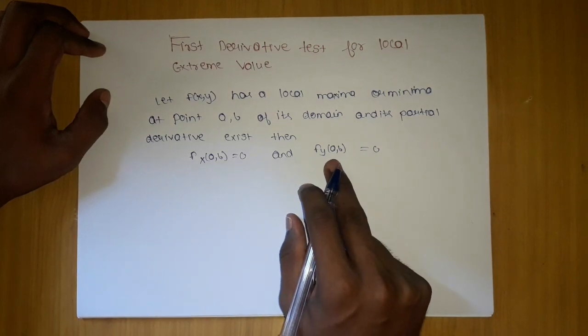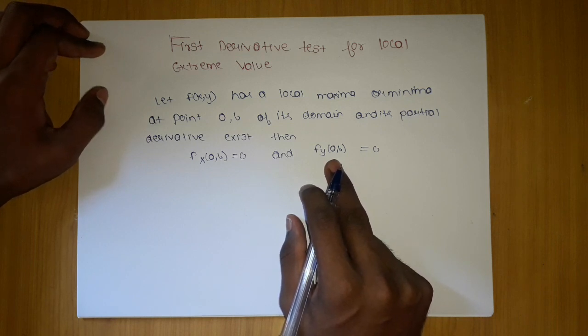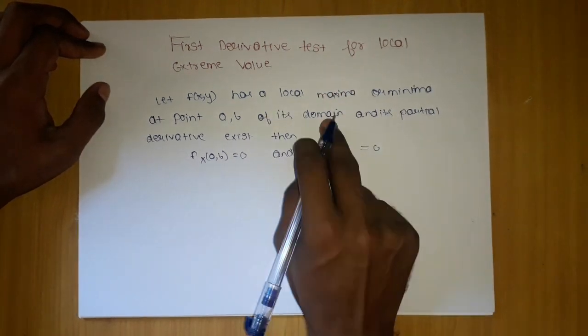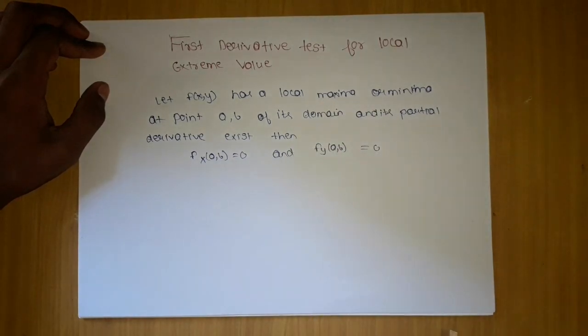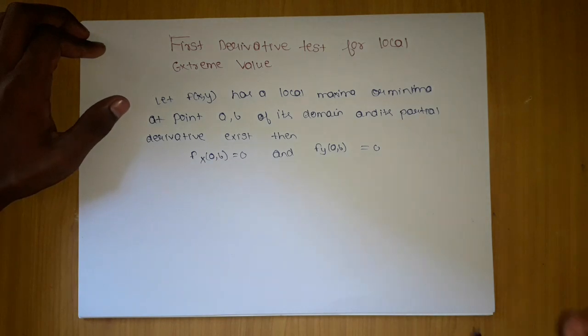Similarly, if I partially differentiate the function with respect to y and replace (x, y) with (a, b), it will also be equal to 0, because at (a, b) the point is attaining a maximum or minimum. While explaining, I said it can achieve anything; for our general statement, we assumed the function achieves a local minimum or maximum. But the condition is that the partial derivative will exist, and we substitute that stationary point.